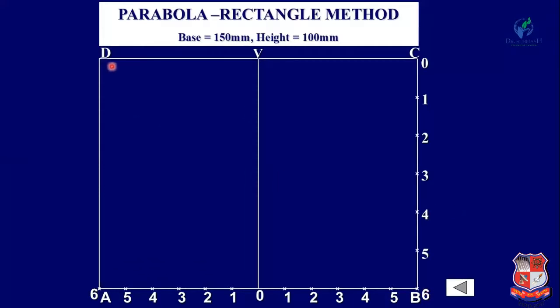Similarly, on the line D to A, mark the points 0, 1, 2, 3, 4, 5 and finally 6. Remember that if the number of points on the horizontal lines is 6, you have to add the same number of points on this vertical line also.